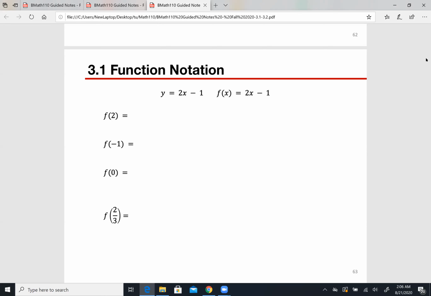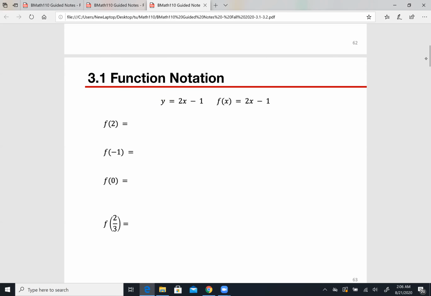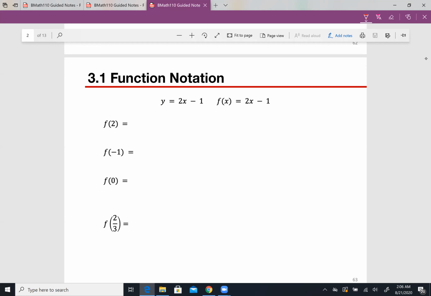So in section 3.1, we have an example, y equal to 2x minus 1. And this is an equation, a linear equation, like you have learned in the previous section. In order to change it to function notation, I will change y here to be f of x.